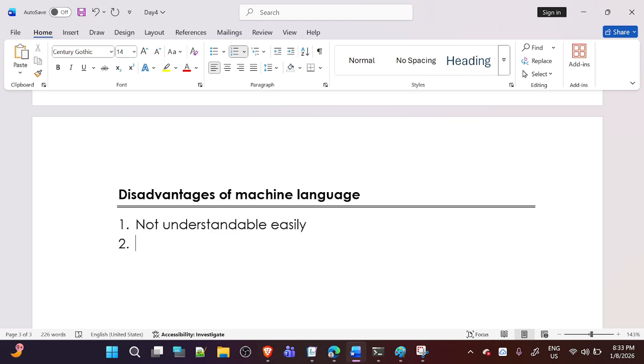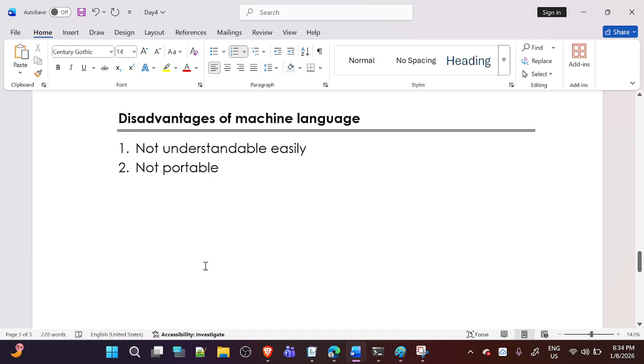The second disadvantage is that it is not portable. For different machines you have to write different code, right?